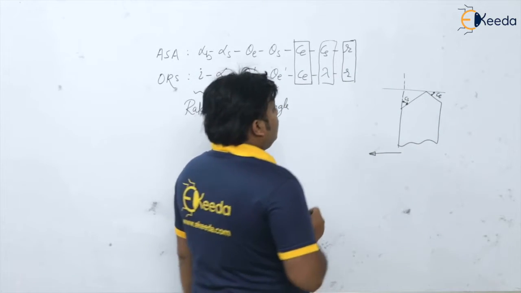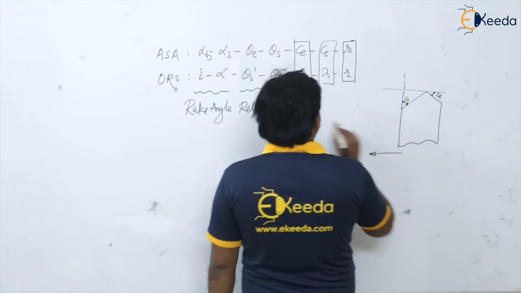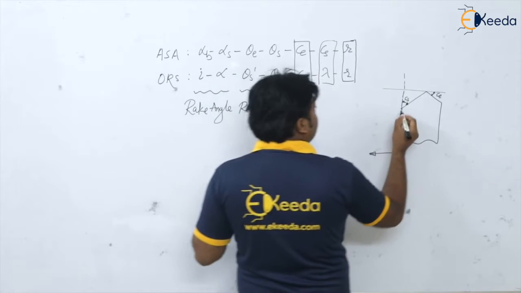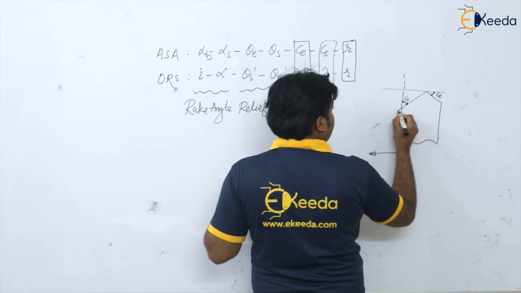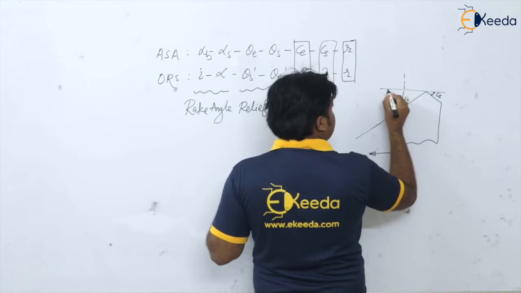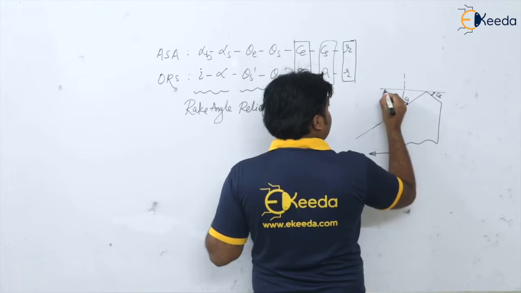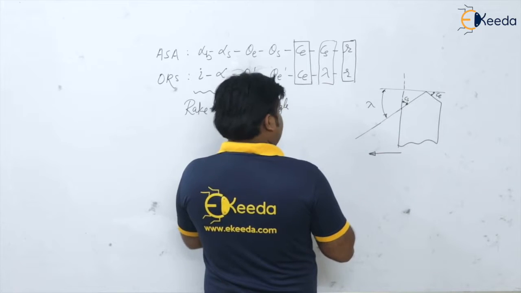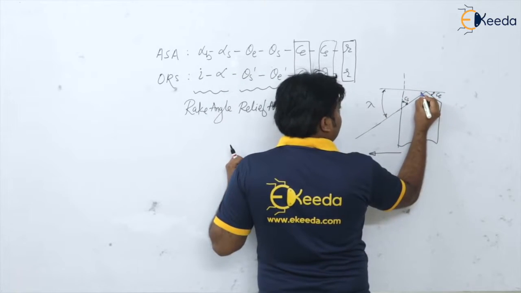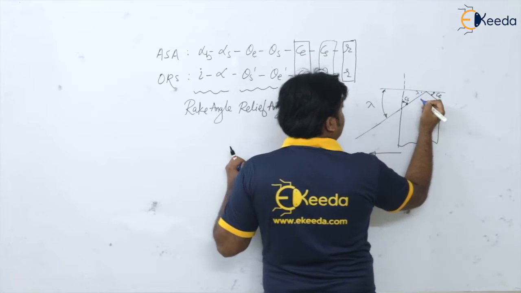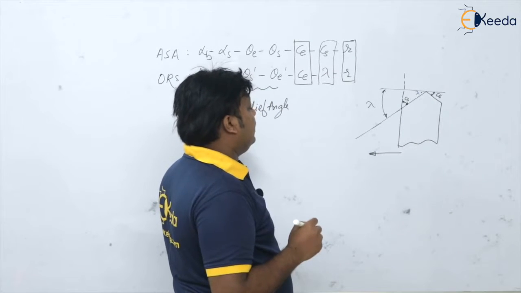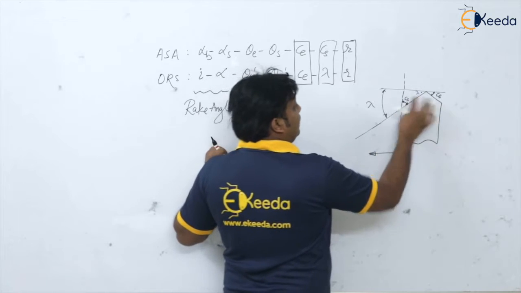Okay, so this approach or entry angle you can see in the ORS here. This angle is our lambda, the approach angle or entry angle. So what relation can you get between CS and lambda?